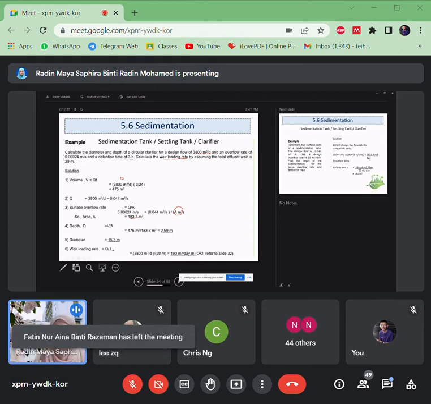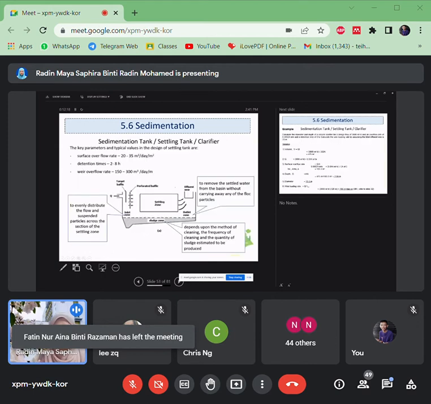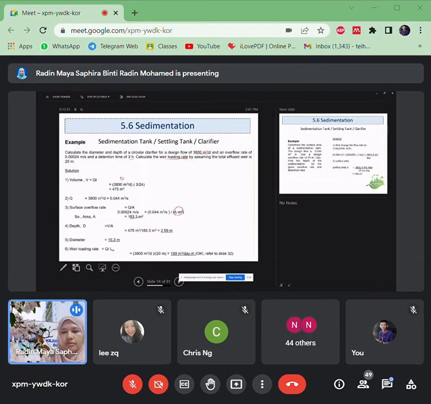So that means this is still within the weir overflow rate range, which must be around 150 to 300. So if you get a weir loading rate of 190 meter cube per day, that means the calculation is correct.